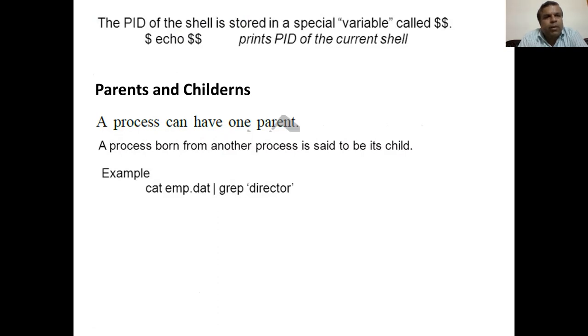So how do you display the PID of the shell? Go to the $ prompt, type the echo command and $$ as its argument. We'll use the echo command to display the value of the variable $$. So this command prints the PID of the current shell.